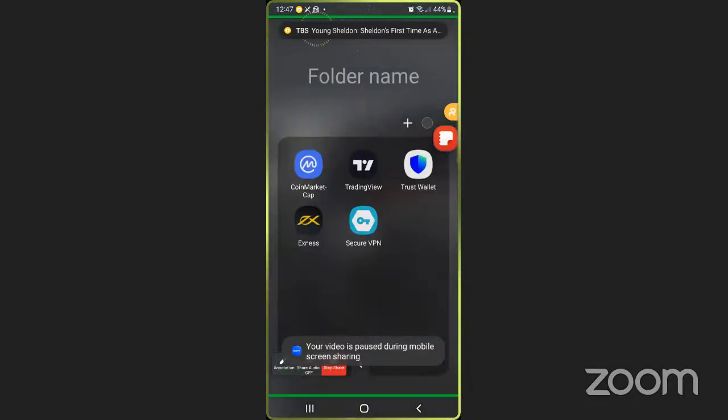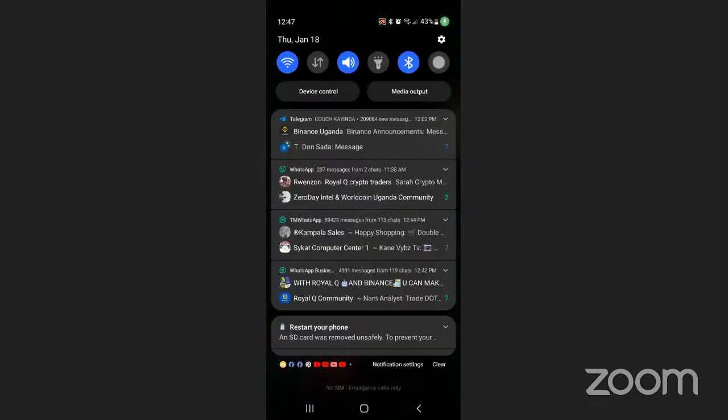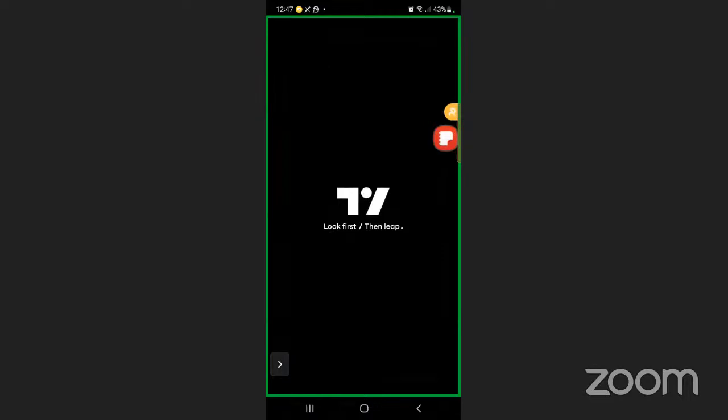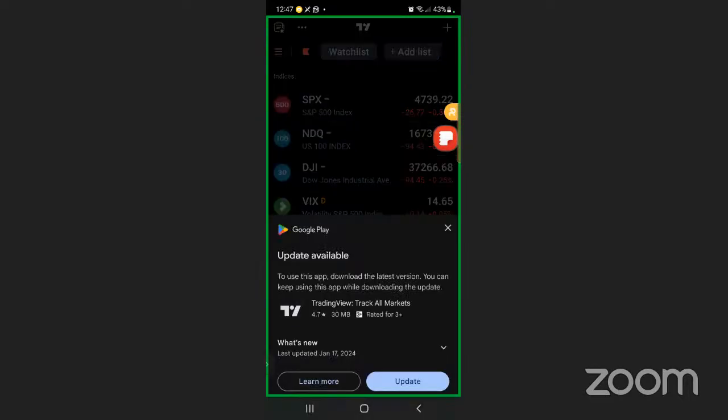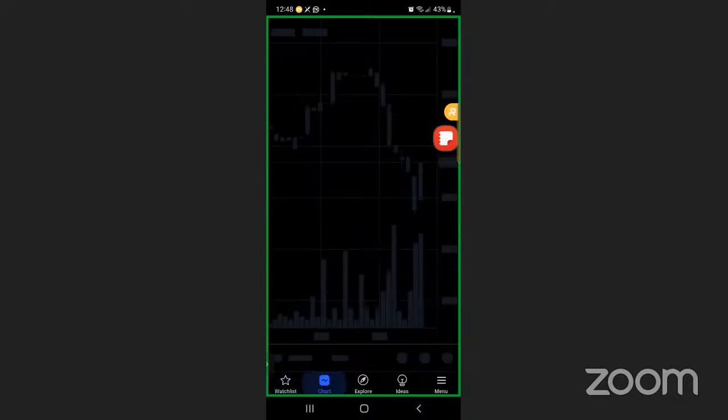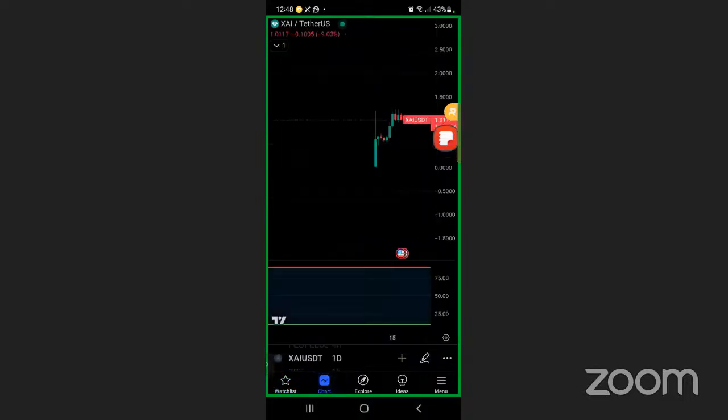There is something I want to teach you, and I'm going to teach this to new people who have just started trading. When we go to the Trading View app and we are looking for any coin, there is no day or time when the market is just going down or up. No way.